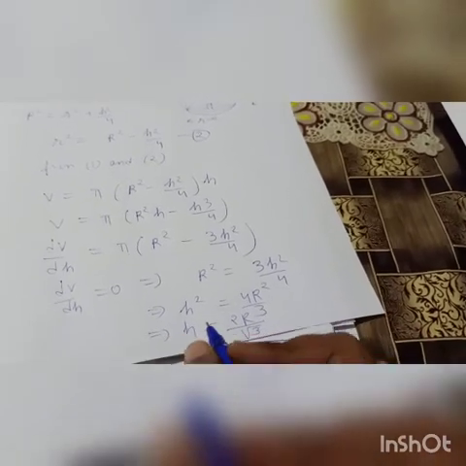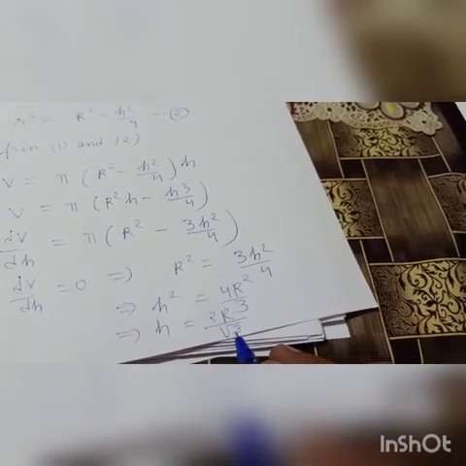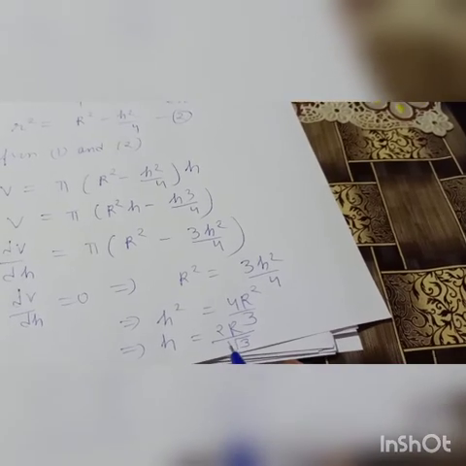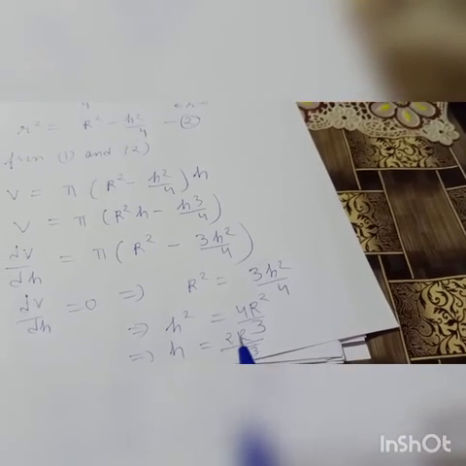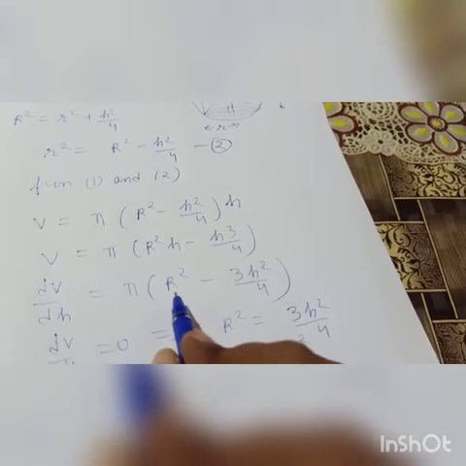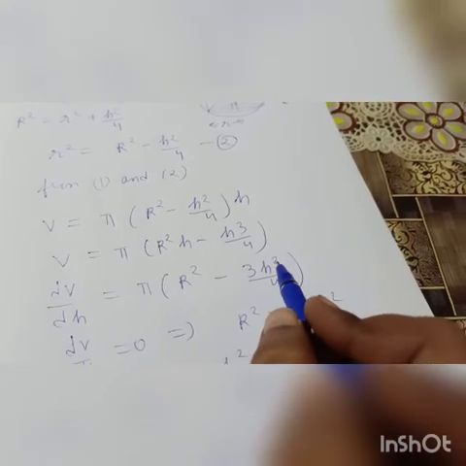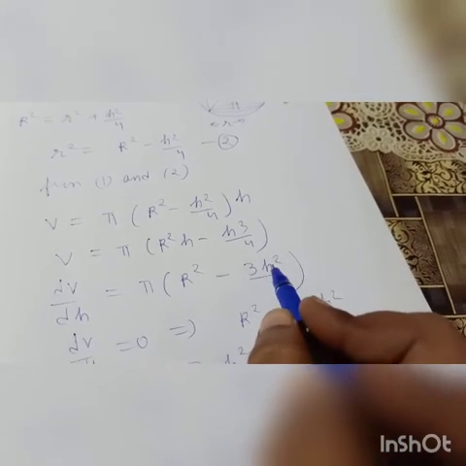So the value of h we got is 2R by root 3. Now we have to prove that at this value v is maximum. So we will find the value of d2v by dh square. If you find d2v by dh square from the value of dv by dh, this R square will become 0 and this will be minus 6h by 4 only.